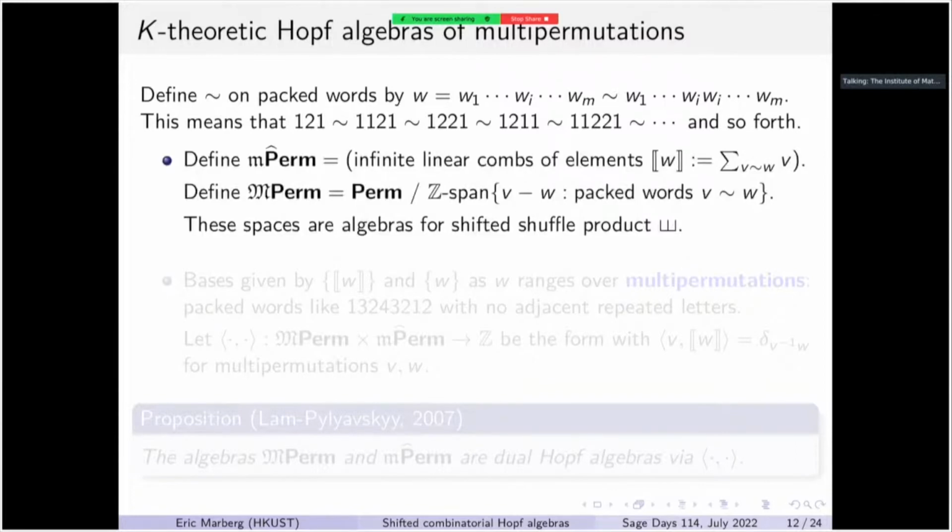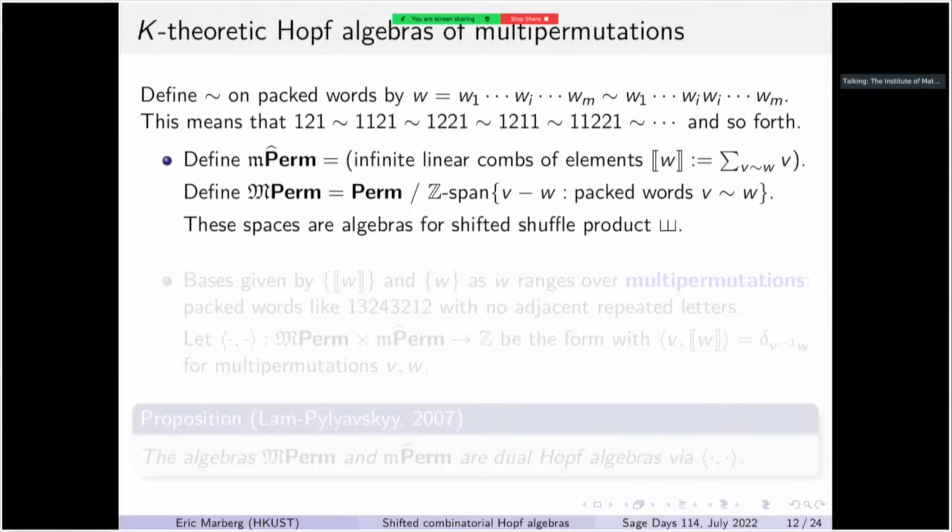And we're going to define two variations of this Hopf algebra of permutations. The first is this bracket W, which means you sum over all packed words that are equivalent to W under this relation. So you start with a word, and you can arbitrarily condense or double letters as you wish. This is going to be an infinite sum. The other version is a quotient. You take the span of all differences V minus W, where these are packed words related by this relation, and you quotient by it.